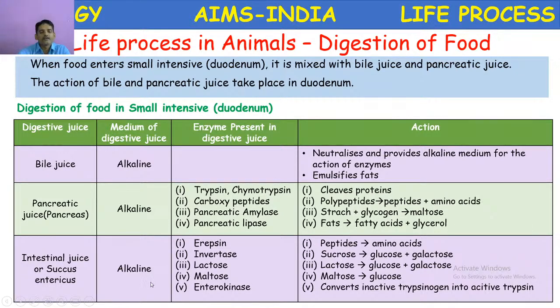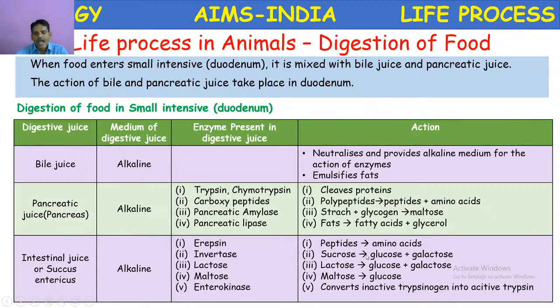So an alkaline medium is required for the action of the enzymes present in the intestinal juice. They are erepsin, invertase, lactase, maltase, and enterokinase. Erepsin acts on peptides and converts them into amino acids.